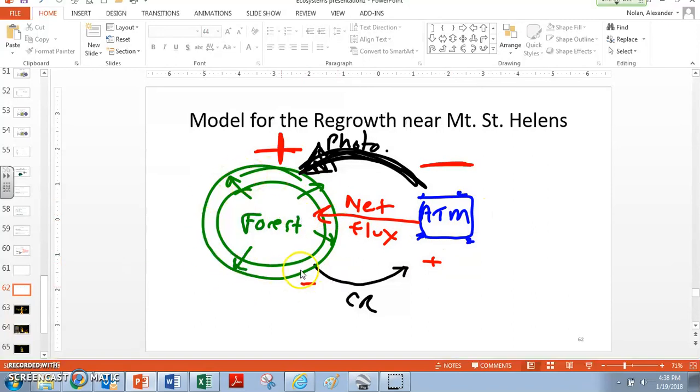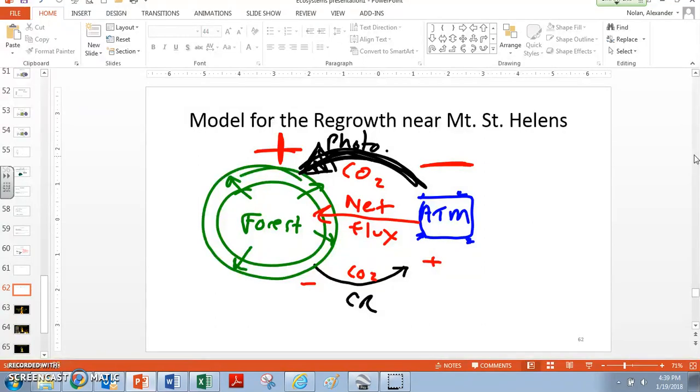As we regrow our forest, this represents the opposite of what we just saw in Brazil. Instead of chopping down trees and causing carbon dioxide to come out into the atmosphere, we are allowing trees to grow back. Through photosynthesis, they're pulling carbon dioxide out of the atmosphere, and only a little bit of carbon dioxide is re-entering the atmosphere.